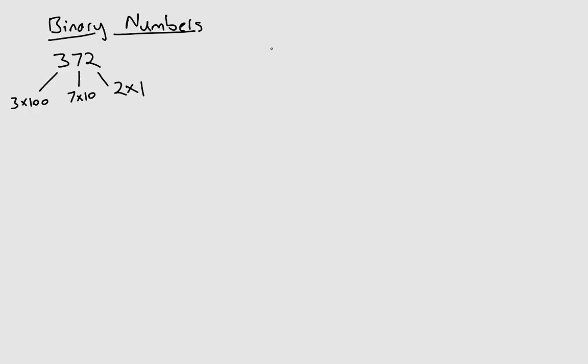The way it works is, let's take a number like 1, 0, 1, 1. What does that mean? Here we've got 1 times 1, just as in the decimal system. But instead of 1 times 10, we've got 1 times 2. And here we've got 0 times 2 times 2, in other words 0 times 4. And here we've got 1 times 2 times 2 times 2, in other words 1 times 8.